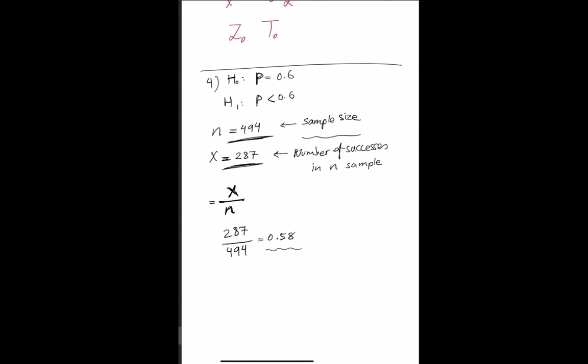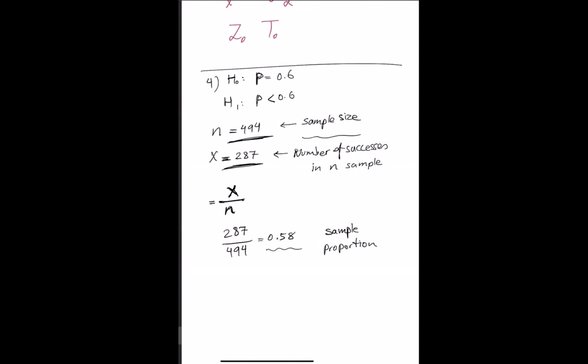It's a sample proportion. Okay, what does that mean in the example that I gave? It's like the percent of successes. Exactly. It's the percentage of success. In this example, the success is defined if they watch NBA games.